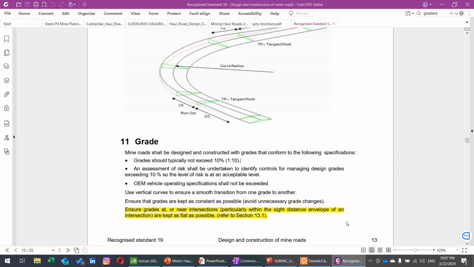This is a guide rule when we are discussing switchbacks, because we may have intersections at switchbacks, and switchbacks are the locations where the sight distance is limited.